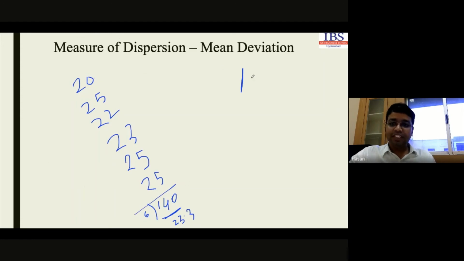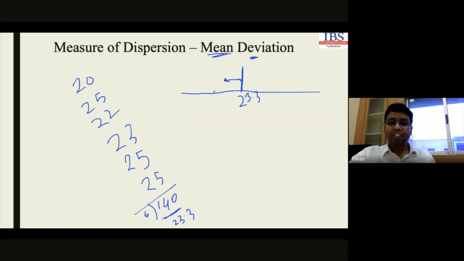Now take the difference. Deviation means this is our mean position, 23.3, and deviation indicates the distance of each data point from this mean. So 20 is located somewhere in these points. If we draw the curve, with 23 as our target, then 20 will be somewhere, and we take the distance from the mean position.